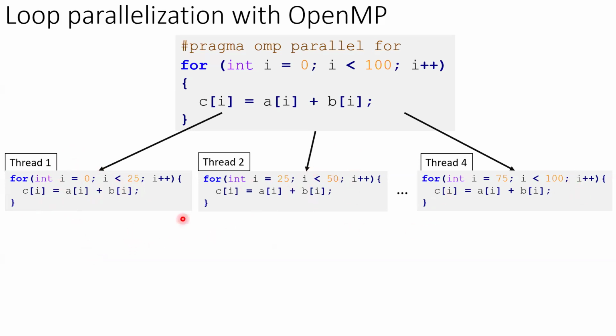It will split them into continuous chunks of iterations. And as a side note, does anyone know why they are continuous? Why do we not put 0 on thread 1, 1 on thread 2, 2 on thread 3?